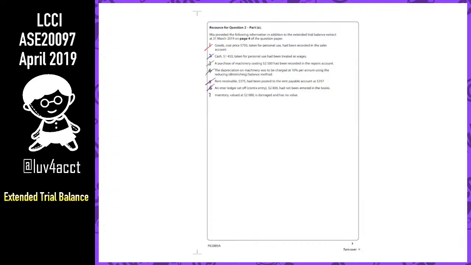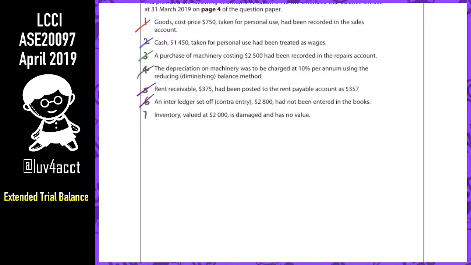Okay, next, last entry. What color should we use? Light blue, maybe. Inventory valued at 2,000 is damaged and has no value. So this 2,000 will be the impairment.